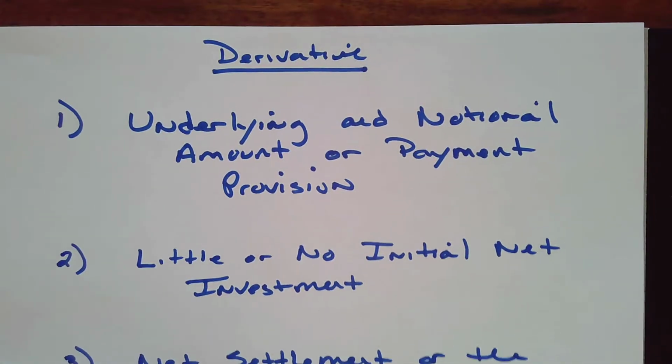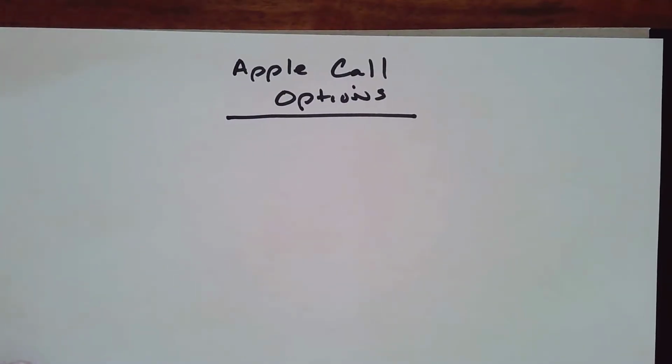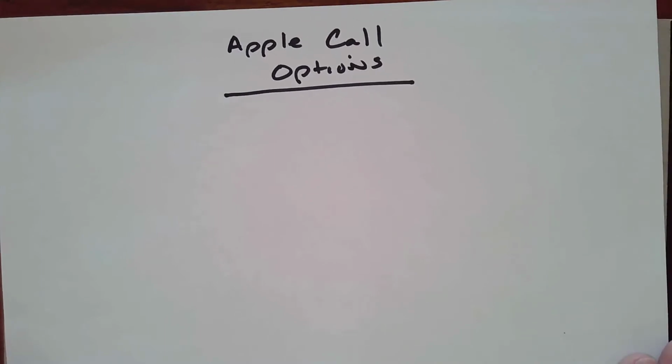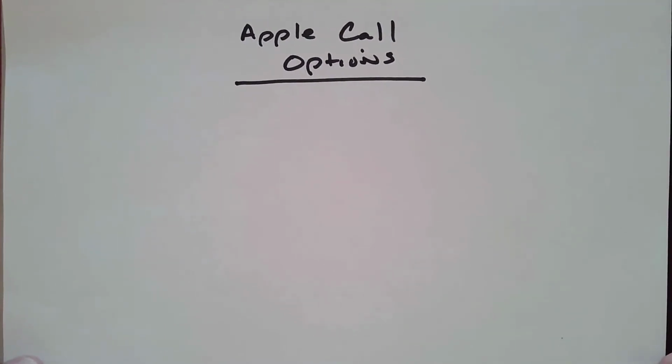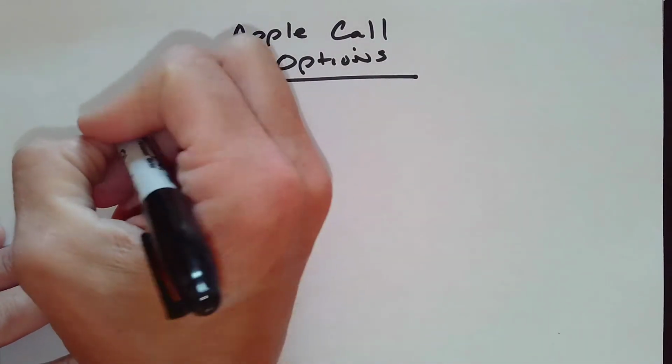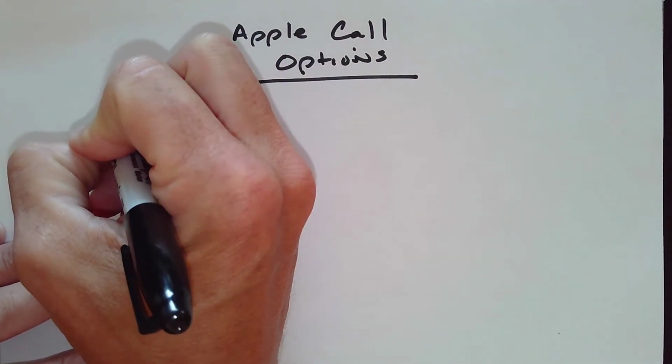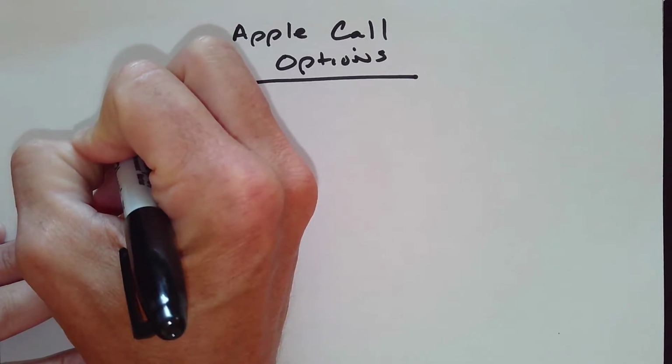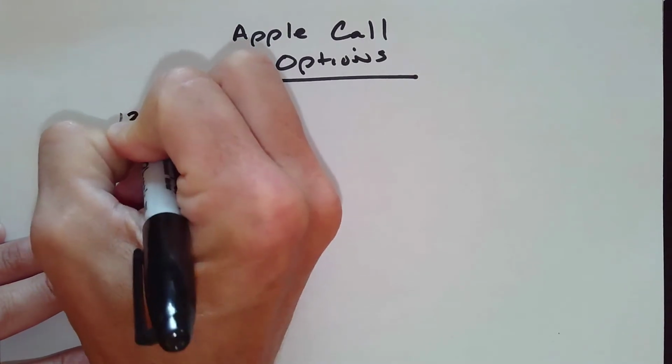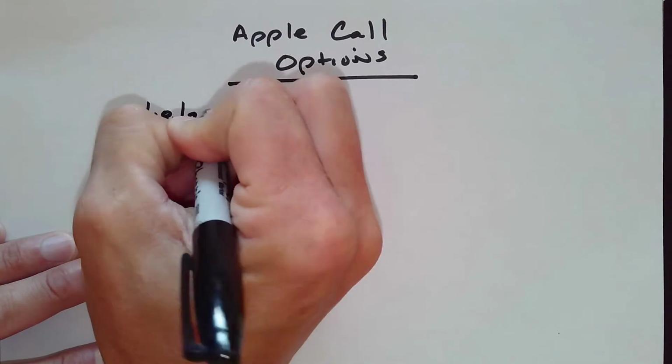So let's take a look at our Apple call option. Let's assume we're going to purchase that December 18 call option. So here's the option contract. We're going to buy by December 18, 20.